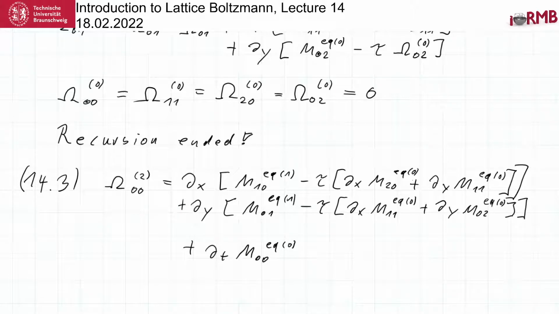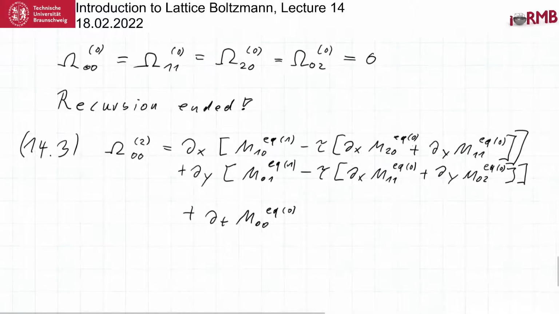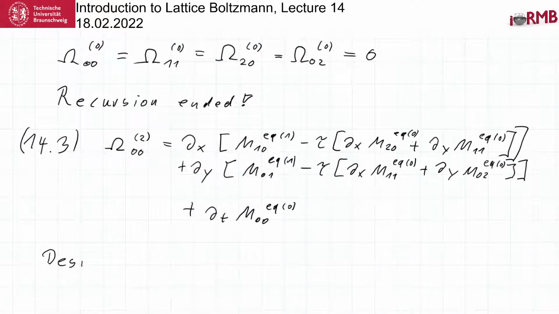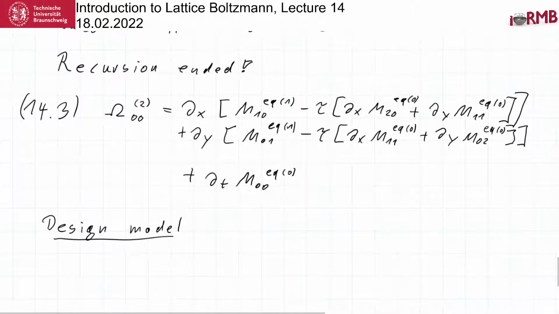Now this is the equation that comes out here, and now we have complete control over the equilibrium and over tau, and with controlling tau and equilibrium we can now design our model. So we have to choose our moments, and we say that m00 is conserved.